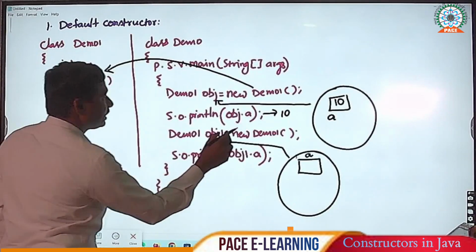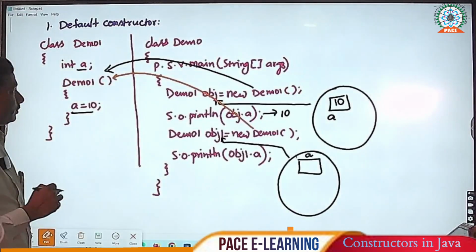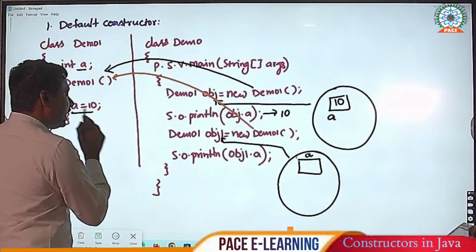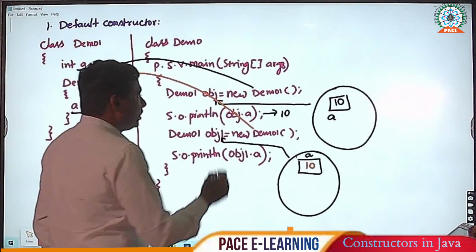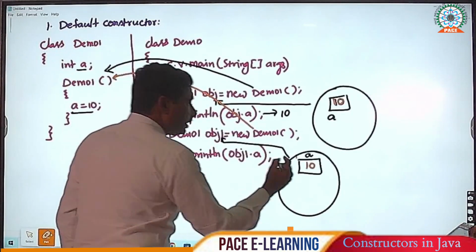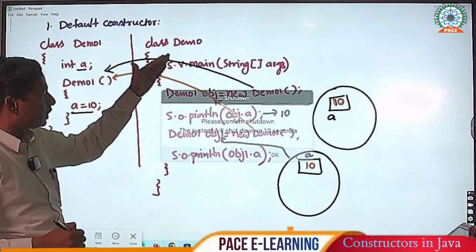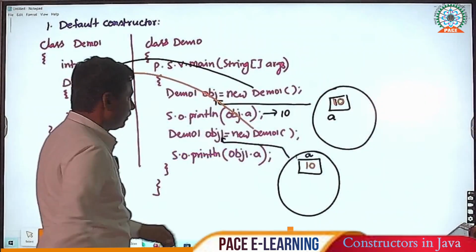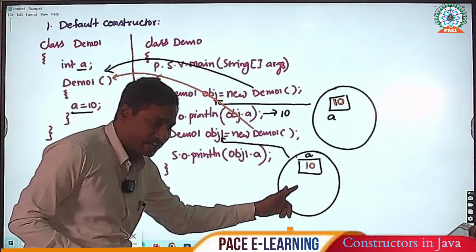So the same constructor will be called, and into this A, 10 will be placed. See here, for obj, A value is 10. For obj1, A value is 10. Likewise, if you create 100 objects, for all objects the value of property A is always 10.